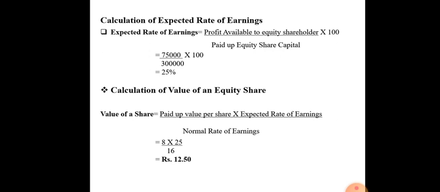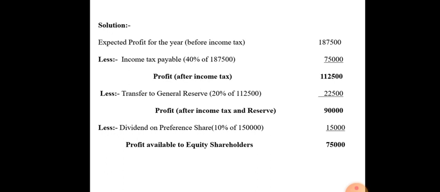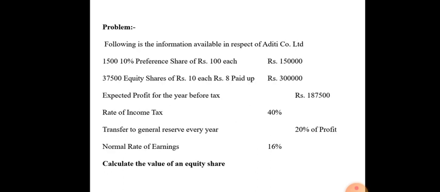So value of shares is equal to paid up value per share into expected rate of earnings divided by normal rate of earnings. So 8 into 25, where 8 is the paid up value per share. Here it is given in the problem, the paid up value of equity shares: 37,500 equity shares of rupees 10 each, rupees 8 paid.